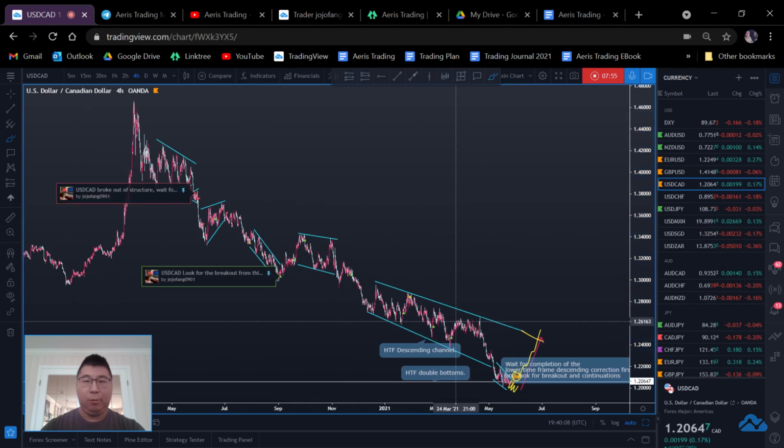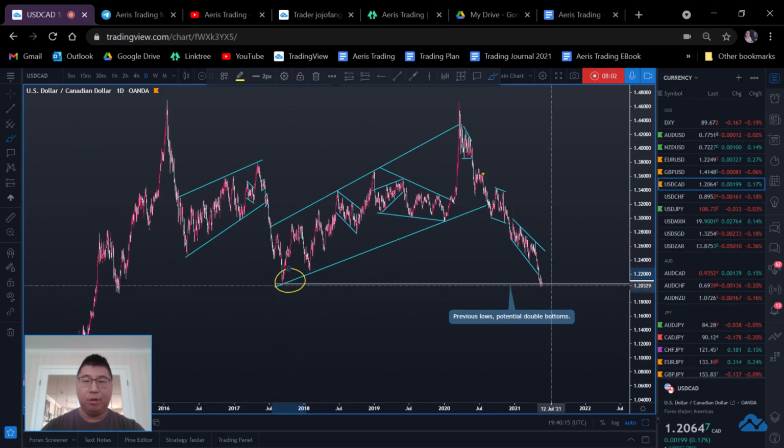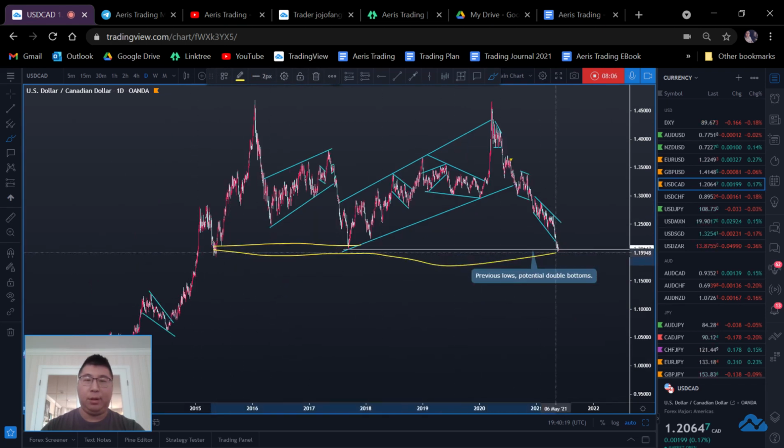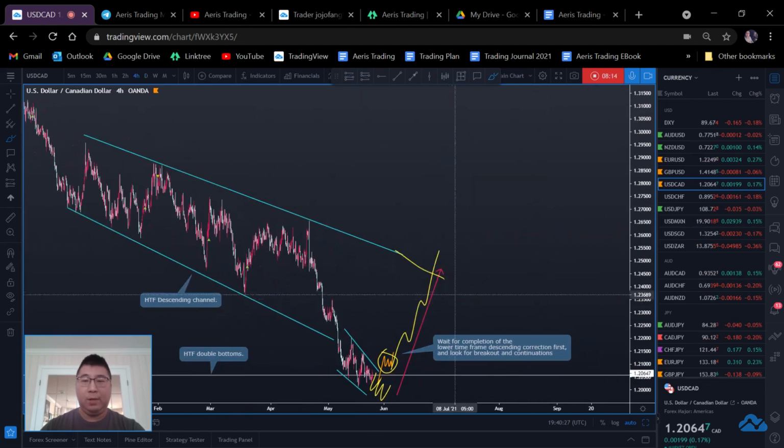But we have moved down massively already since coronavirus, and this is at an area now where it is the previous low of the higher time frame, and it was also a previous low. So you can call this a double bottom, or you can classify this as almost a triple bottom, that the price is currently reacting to, and we want to see if there is going to be lower time frame continuation price action that is going to give us the key to this potential bullish run on the dollar pair.